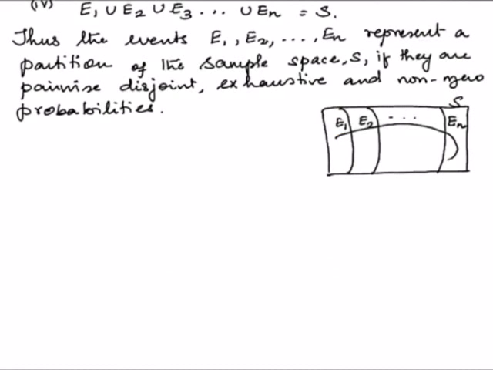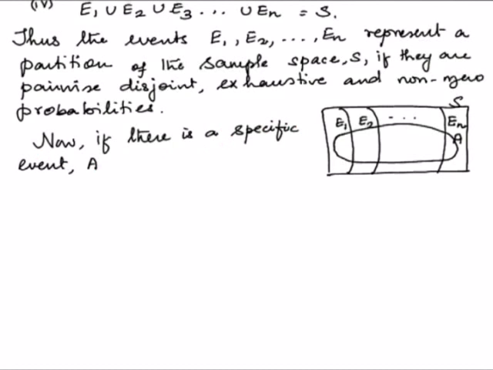Okay, with this as the partition, now we shall introduce an event A which is going to overlap with these. So, if there is a specific event A within this sample space, what shall happen? Will it overlap with these events E1, E2, E3, etc. till En?